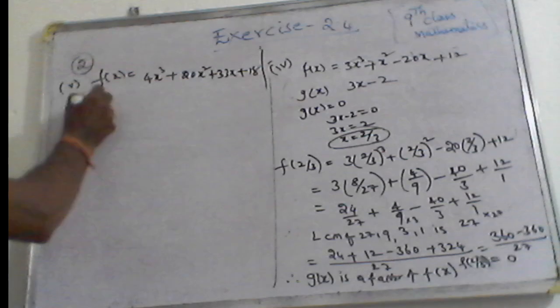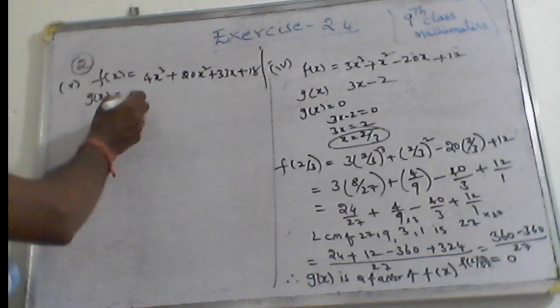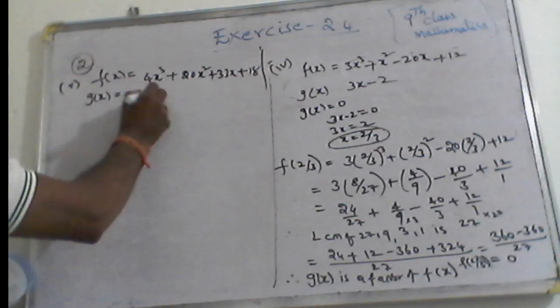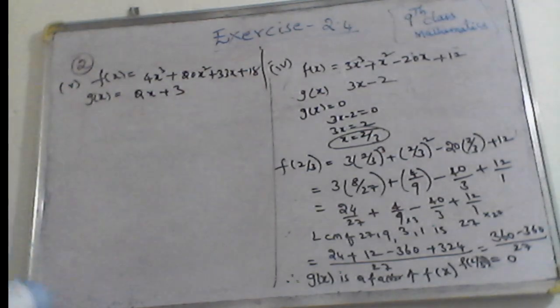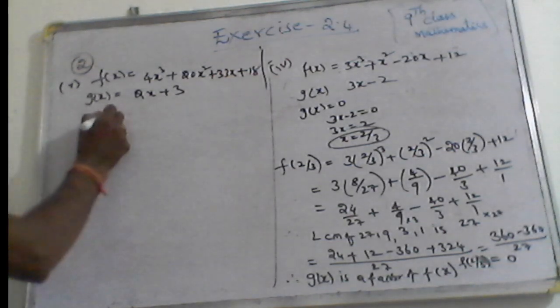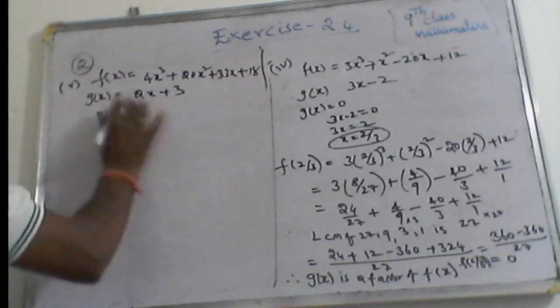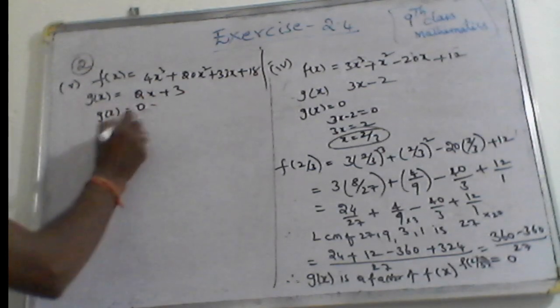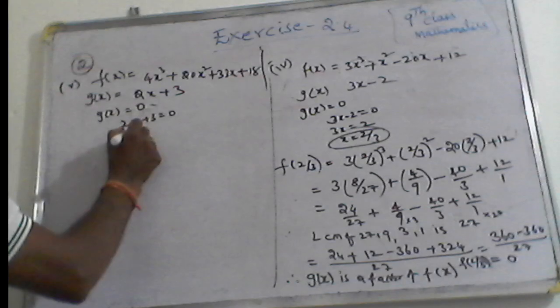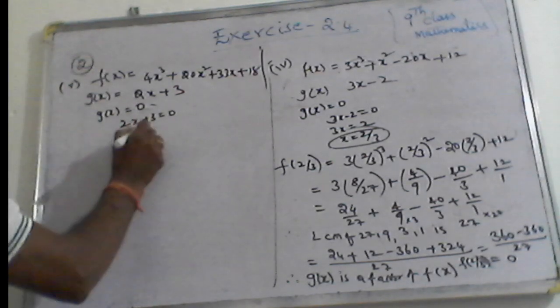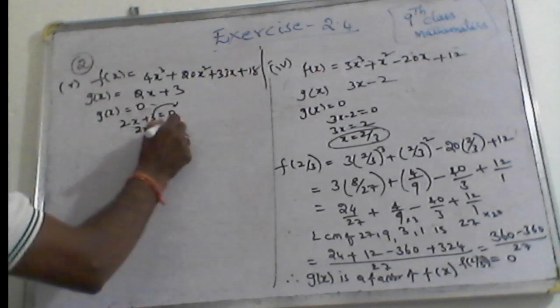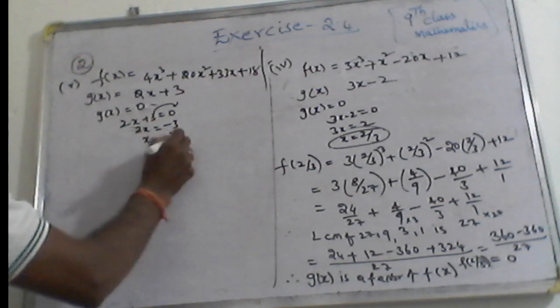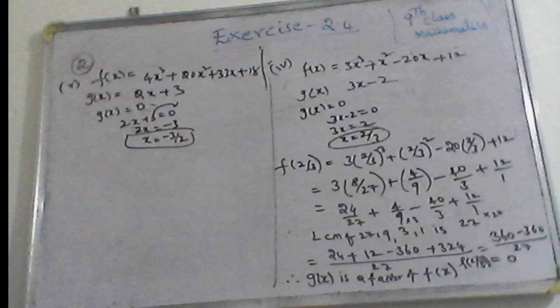Next one, g of x equal to 2x plus 3. So g of x equal to 0, so 2x plus 3 equal to 0. 2x equal to, after transposing 3, minus 3. x equal to minus 3 by 2.